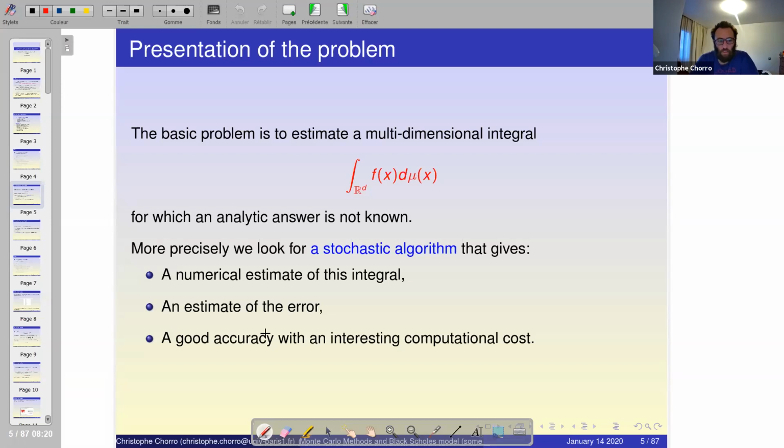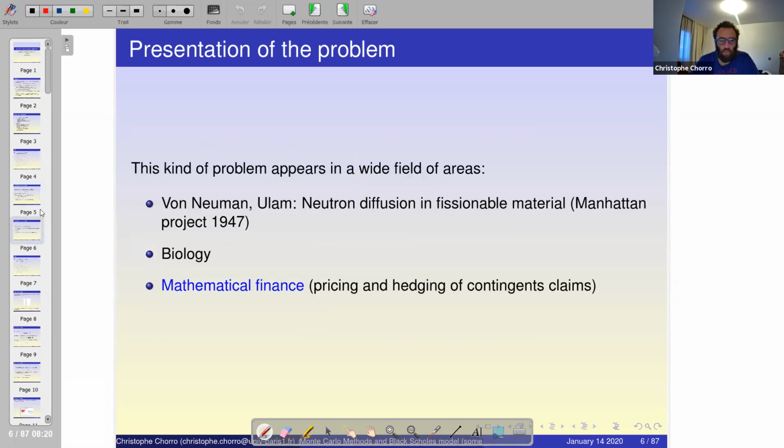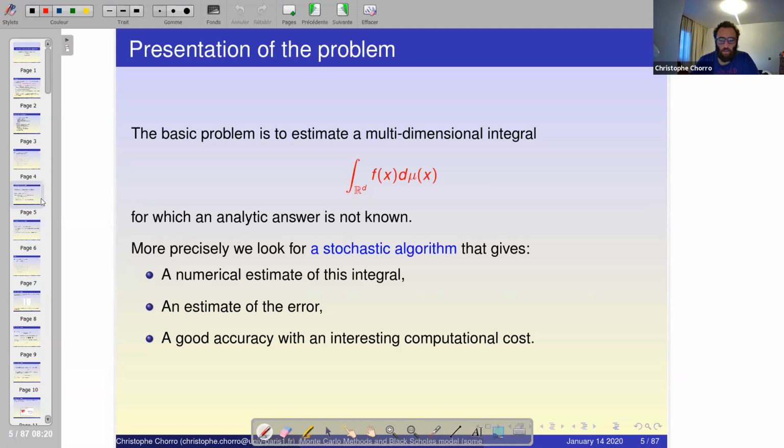So before presenting this, let me remind you of some approaches in order to approximate an integral in the case of classical analysis.